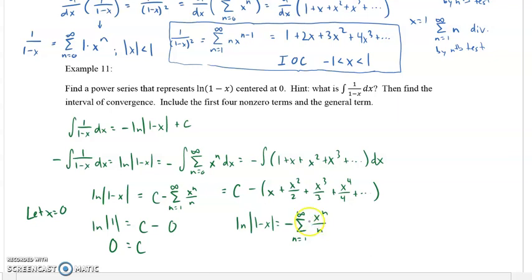Now remember that our interval of convergence started out as this. Now we're anti-differentiating that. So when we take the antiderivative, it stands to reason that we might gain values on our endpoints. So let's see what happens here. We're going to, again, check the endpoints. Oh, this is exciting.